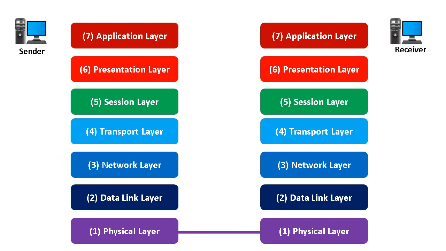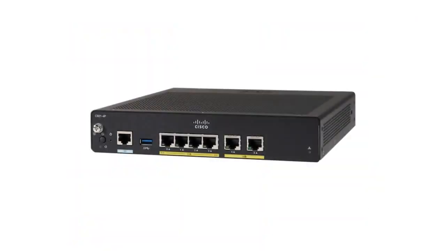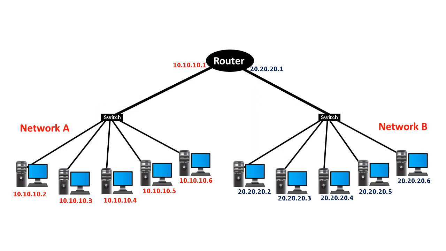If we discuss the receiver side, they just perform the reverse operation. Router is one type of hardware device that works at this layer, and it understands the logical division of IP addresses, and it communicates among different networking setups.